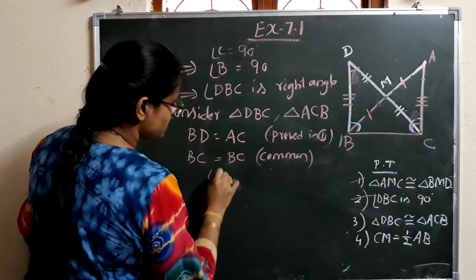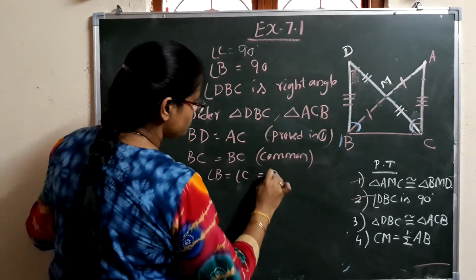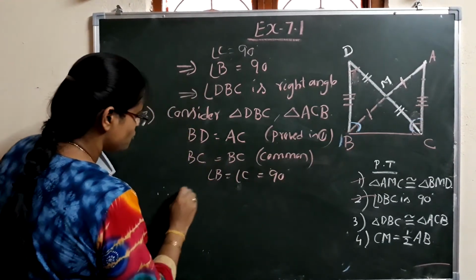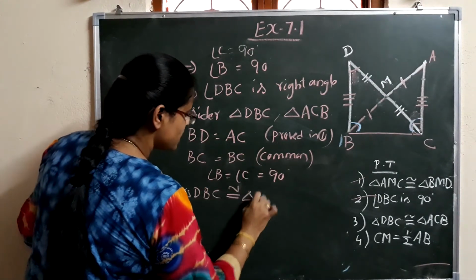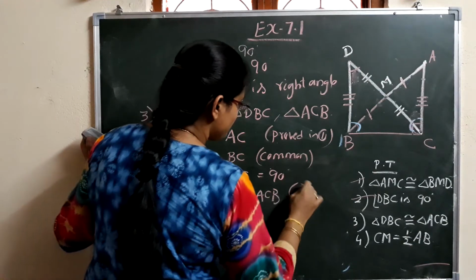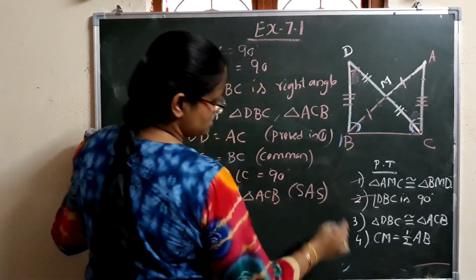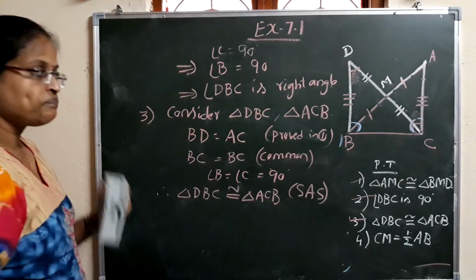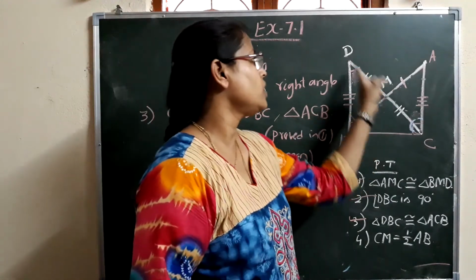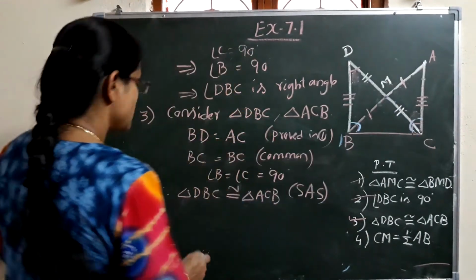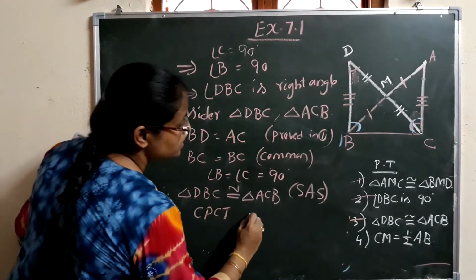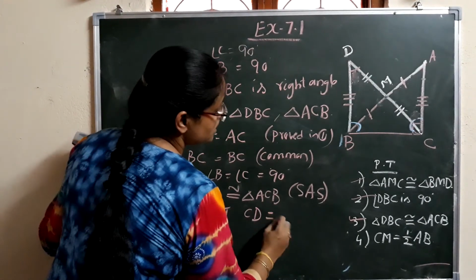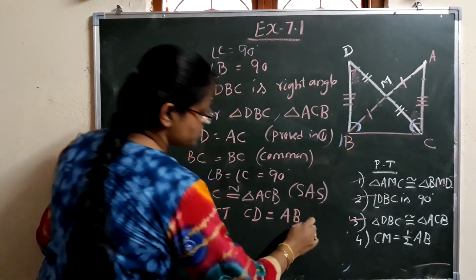And angle B is equals to angle C is equal to 90 degree. So therefore, triangle DBC is congruent to triangle ACB by SAS congruency. We got this also. Hence, when these two are congruent, you can say that by CPCT, CD hypotenuse is equals to AB hypotenuse.